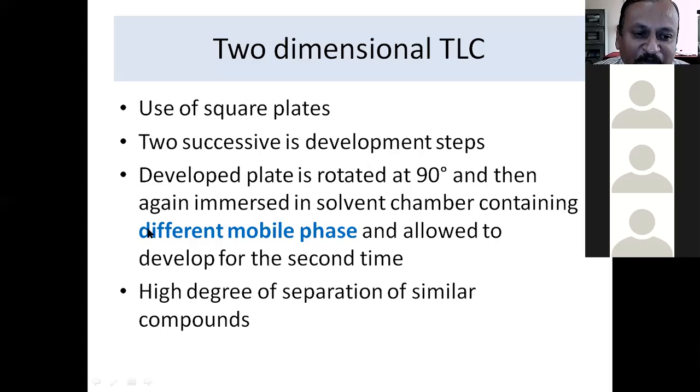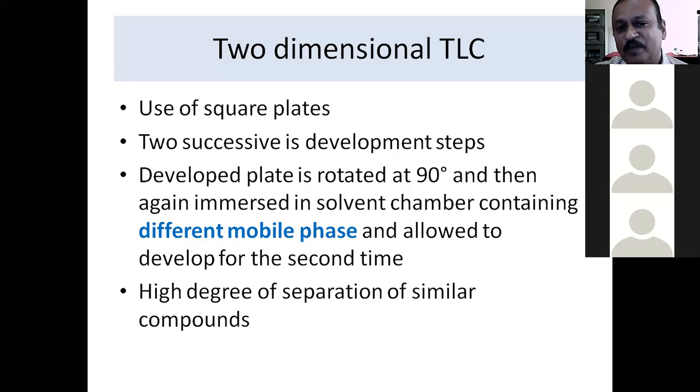This particular phrase is very important: use a different mobile phase. In case of electrophoresis, we used a different technique of electrophoresis. Like in one particular electrophoretic run, we used tube gel electrophoresis, and in the other dimension, we used SDS-PAGE electrophoresis, or we can use isoelectric focusing.